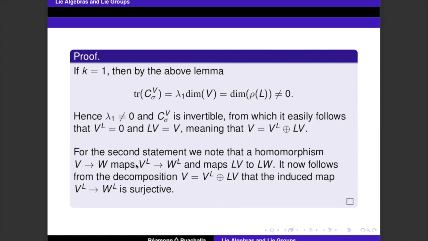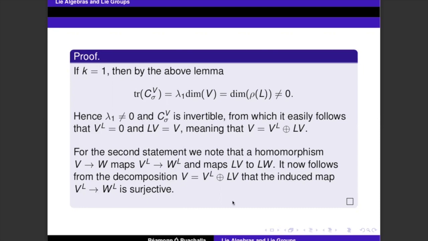So if this map here was not surjective, then because the map that we started with is surjective, there would exist elements inside here that are still covered, but they can't be covered by an element in here. That means they have to be covered by an element inside here. But that can't happen because the L V maps into here. Therefore, we have to conclude that this map is surjective. This map is also surjective, but that's less interesting.